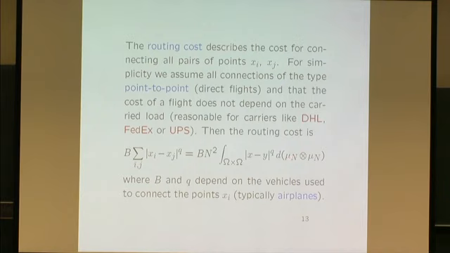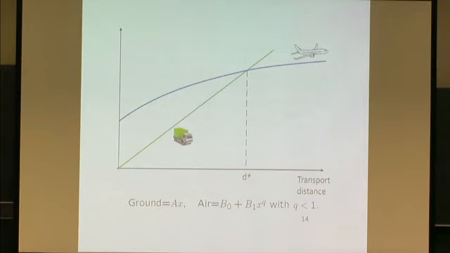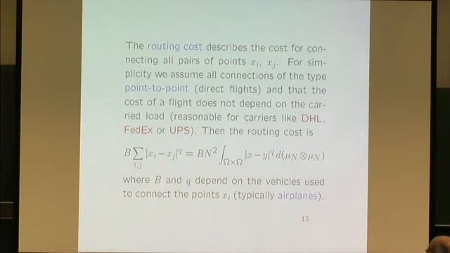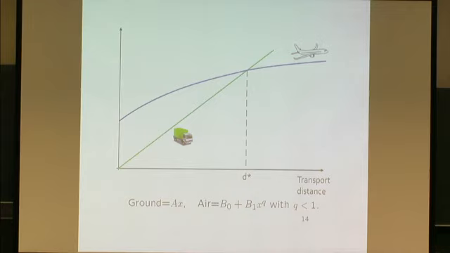And so this is a picture of what happens in reality. You see the cost of the airplane is concave. I mean that this exponent q is less than 1. And this is very reasonable because in airplanes, the big cost is the takeoff and the landing. The cruise is less costly than the rest. So this is simulated by this blue curve. On the contrary, the small scale transport here is linear, but actually is even convex.